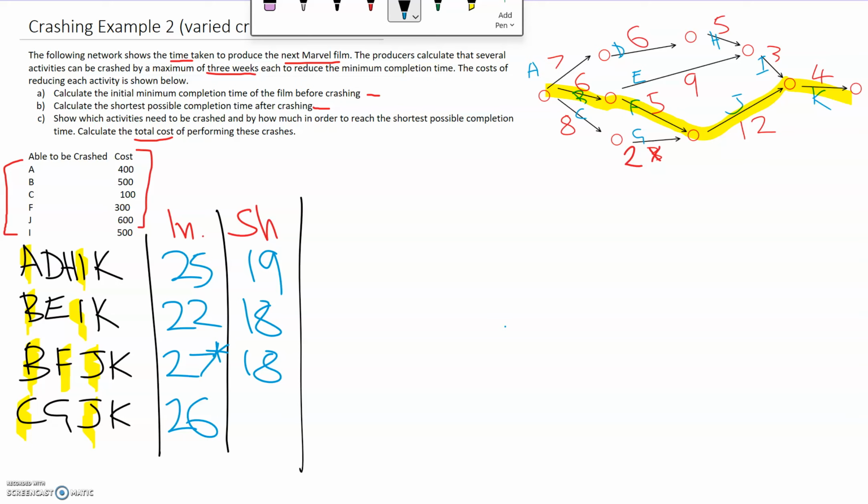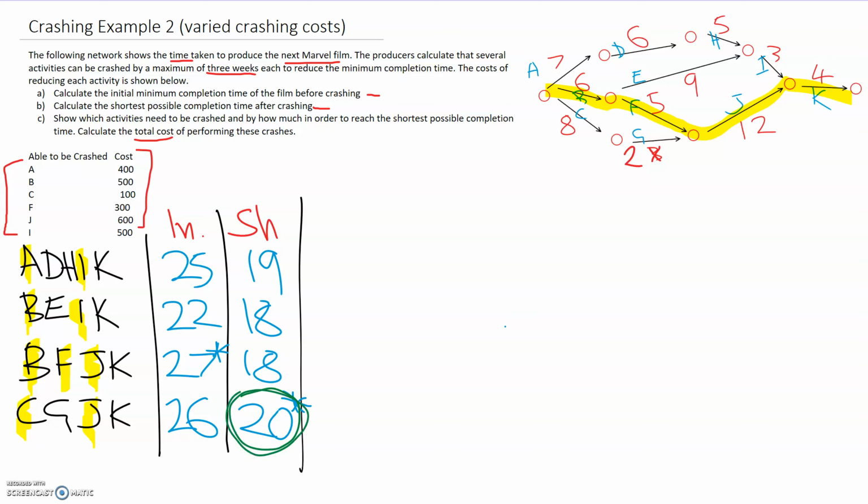That's down by 6 to 20. Okay, which means that final path is the best critical path we can make, and that's the shortest possible completion time, which is our goal: to get to 20 weeks from our starting critical path of 27.